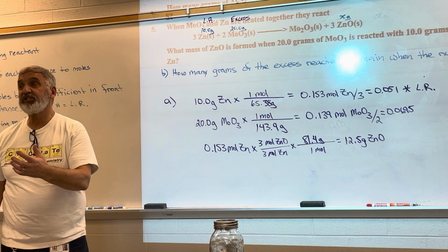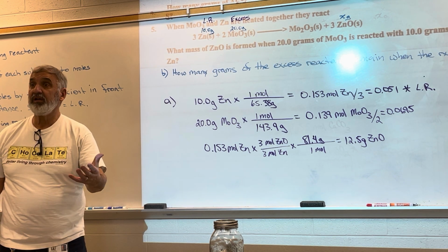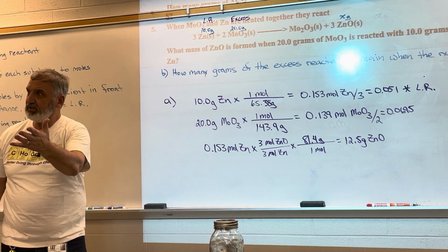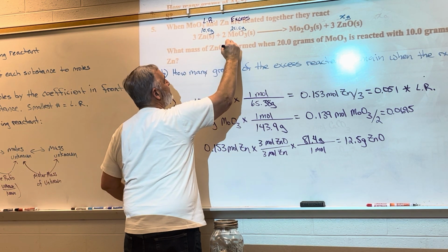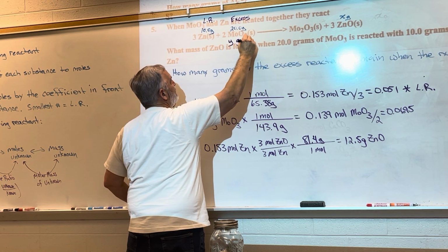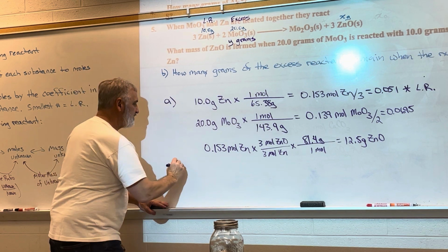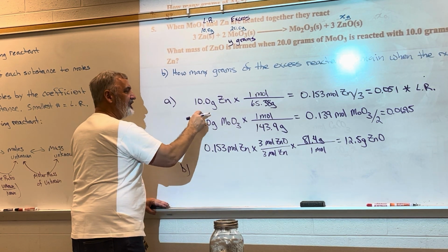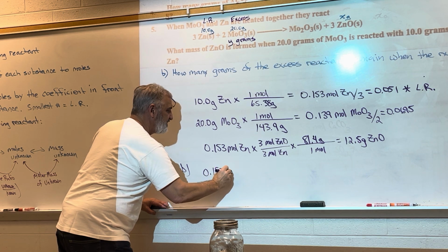If you want to know how much is left over, the first thing you got to find out is how much got used. So all we do is just make this my unknown now. Y grams of that. So we're going to start and do the exact same thing. Always start with the limiting reactant, 0.153 moles of zinc.